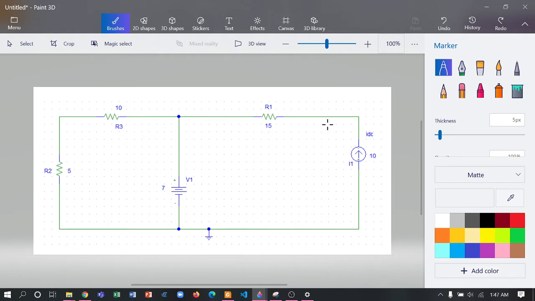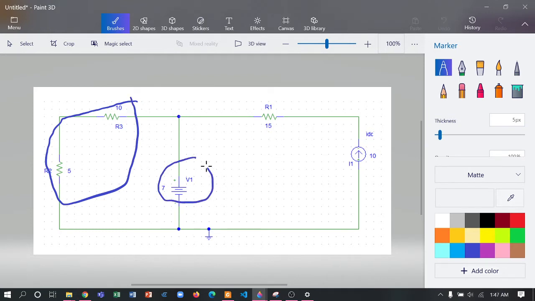How can we define nodes? For nodes, we can define that a node is a point where two or three different branches are connected. Branches have resistors or voltage sources or current sources.